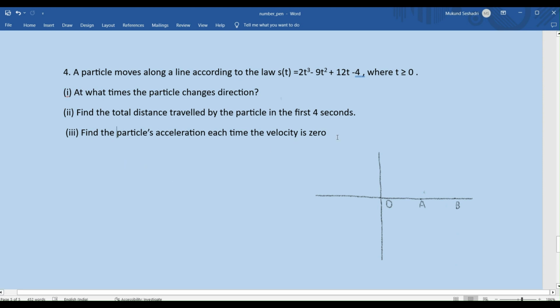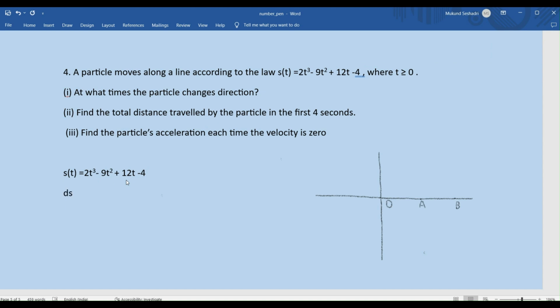So let's write the equation first, whatever we have. We have an equation here, and we know that the rate of change of distance with respect to time is your velocity.